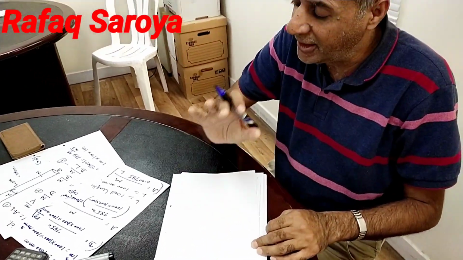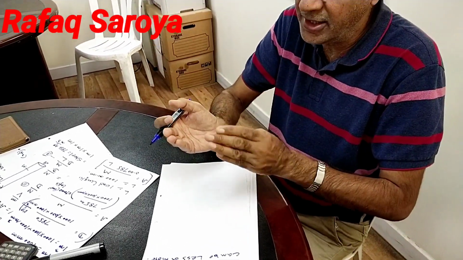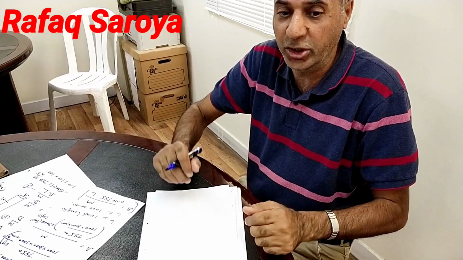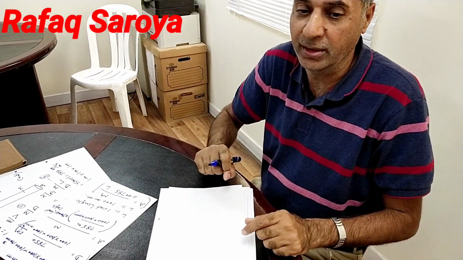This length can be less or this length can be more. When this length is not unit, it is other than the unit length, then we will have to put the value of L over here.